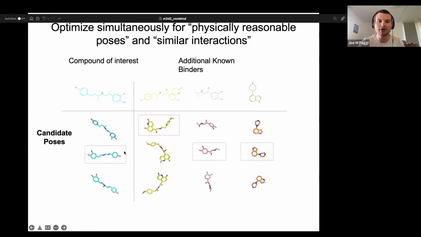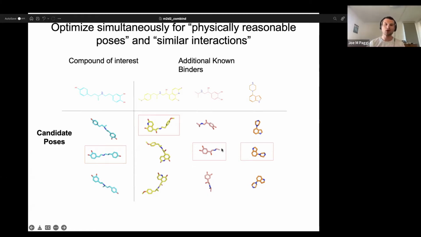Then we pick out a set of poses, one for each ligand, such that every pose individually has a decent docking score, and together they form a self-consistent set. So they form similar interactions with each other.